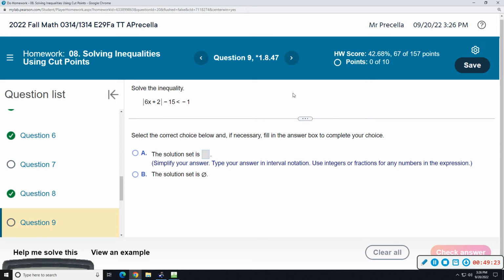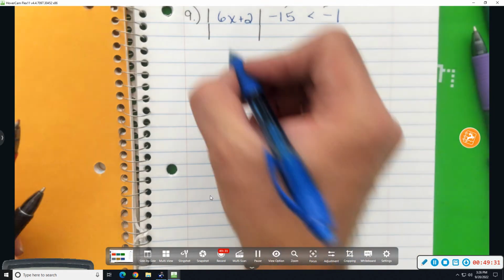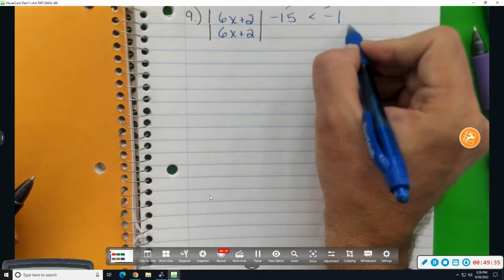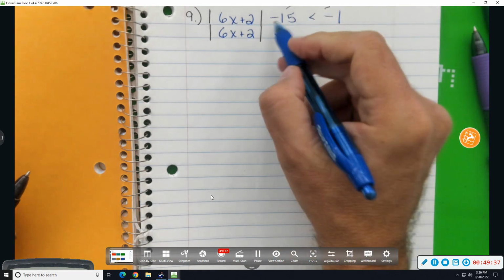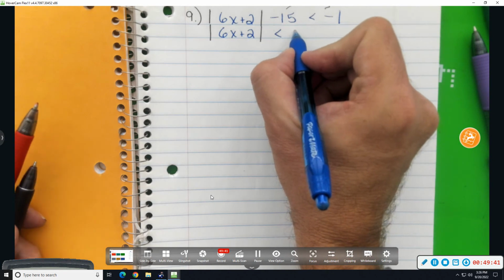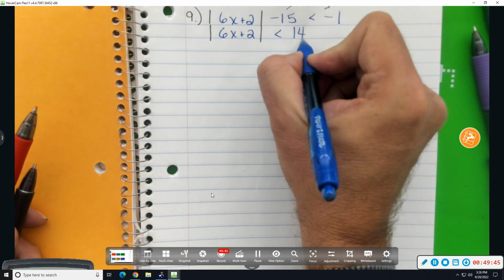So we have absolute value of 6x plus 2 is less than, let's see, if I add 15, what number am I going to have over on the right hand side? 14.